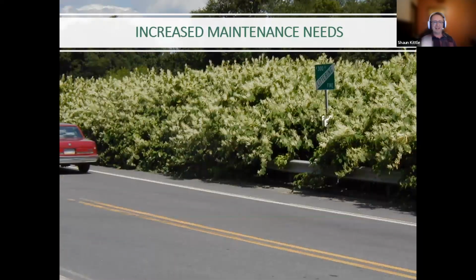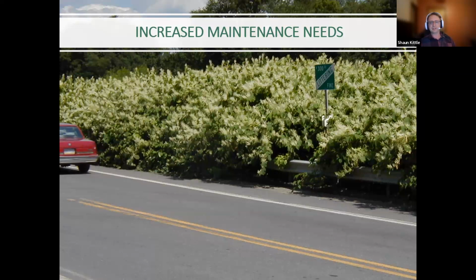Because of everything we've mentioned, increased maintenance is required when you're dealing with proliferation of invasive species. So again, we have Japanese knotweed. Because it grows so quickly, it can get so tall and it's so dense, it increases the need for maintenance. When you get a species that can grow a foot in a week, it doesn't take long after it's cut for it to become a problem again.